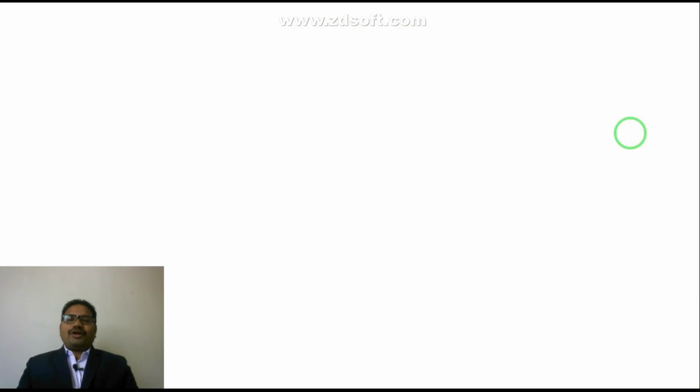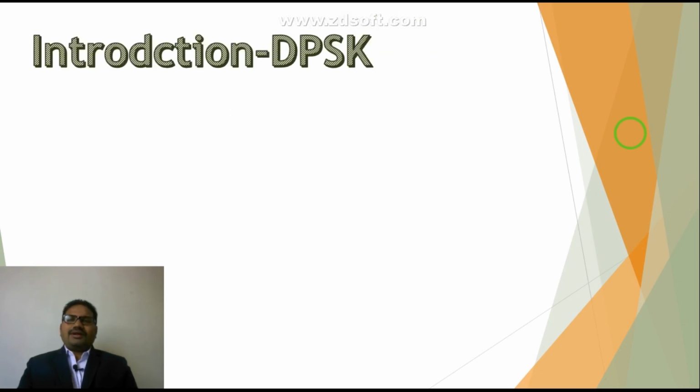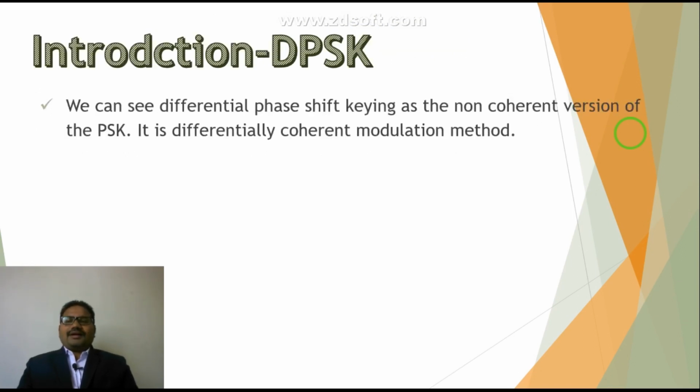So let's move towards our topic. As I told, today we are going to discuss DPSK, its generation and detection techniques, its advantages, disadvantages, and then comparison with coherent BPSK. Now, we can see differential phase shift keying as the non-coherent version of PSK.